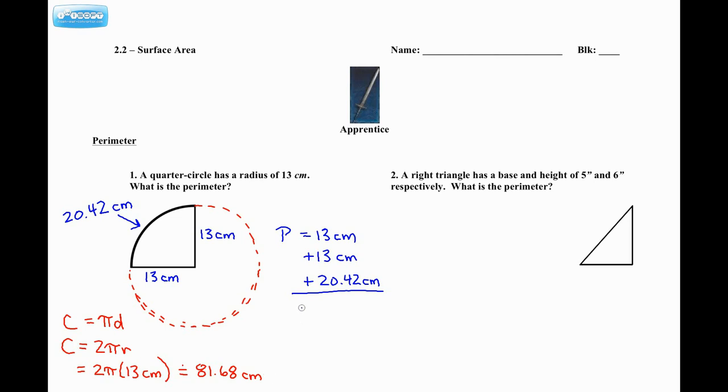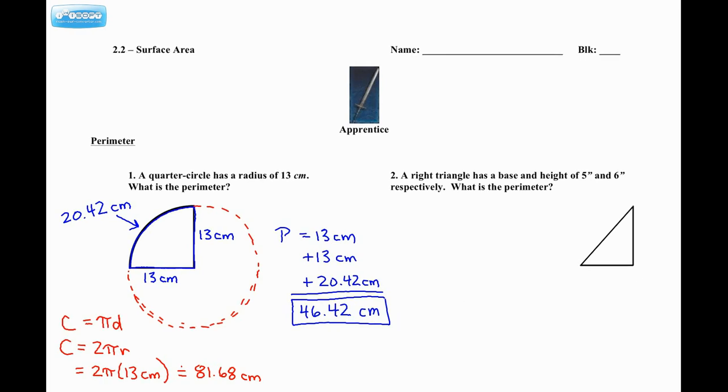And you get 46.42 centimeters. So there we go. There's the approximate perimeter of this quarter circle or wedge or large piece of pie.